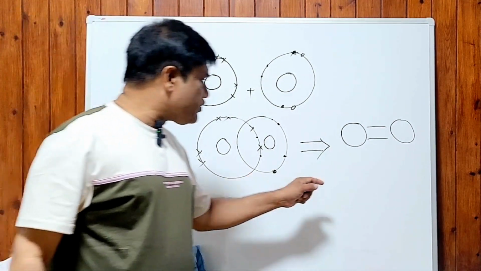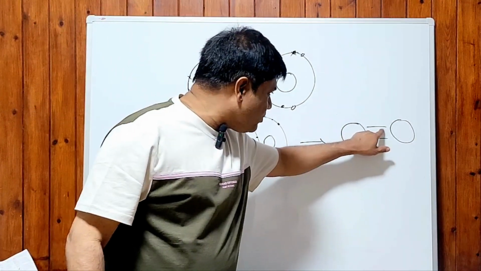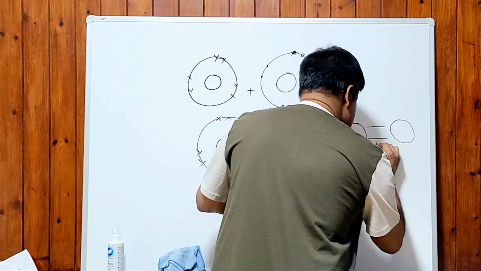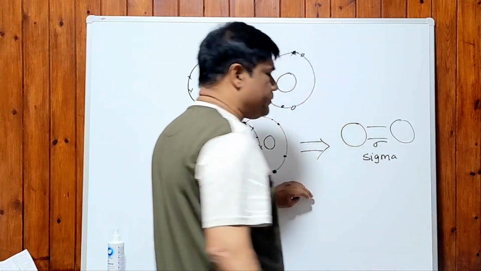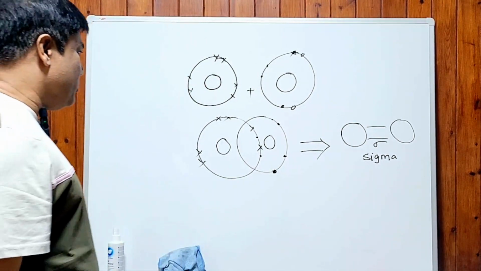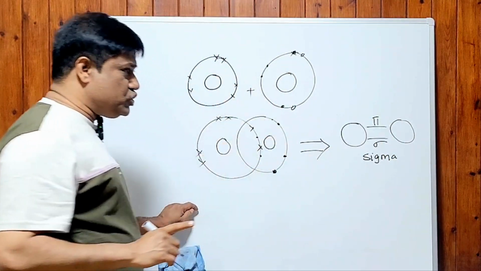In the case of a double bond, what do we call a single bond and what do we call this bond? Any idea? A single bond is also called a sigma bond, S-I-G-M-A. That's a new term, guys, I know. What about the second bond of the double bond? It is called a pi bond.